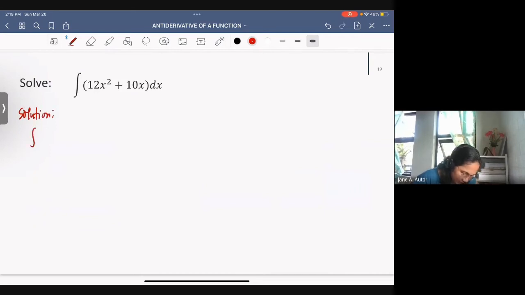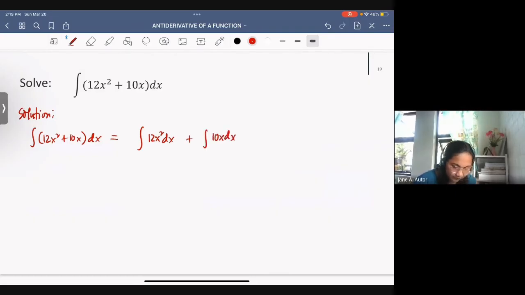We have the integral of 12x squared plus 10x dx. First is we are going to apply the sum rule for 12x squared plus 10x. So this will be the integral of 12x squared dx plus the integral of 10x dx.